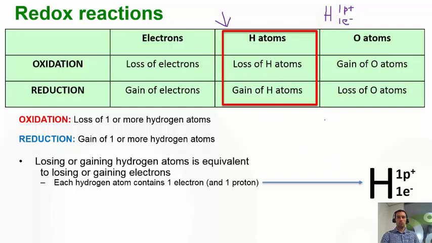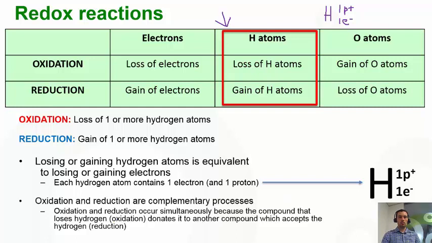As I showed you at the top here, a hydrogen atom is composed of one proton and one electron, which means that losing hydrogens is equivalent to losing electrons, just like gaining hydrogens is equivalent to gaining electrons.